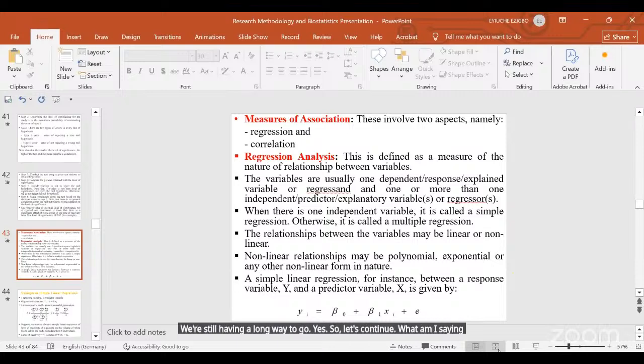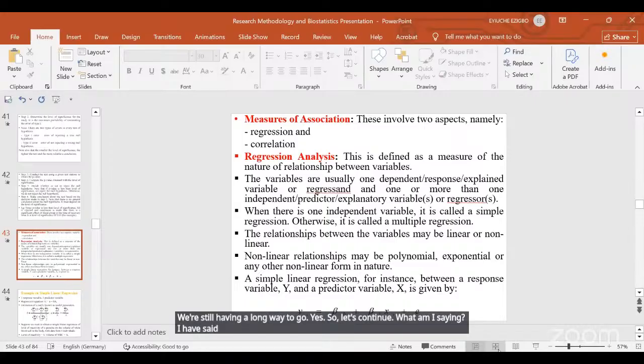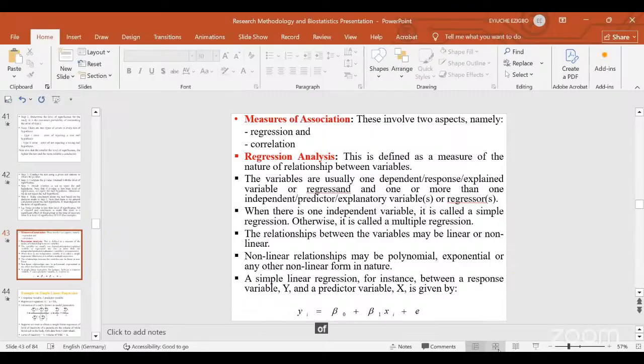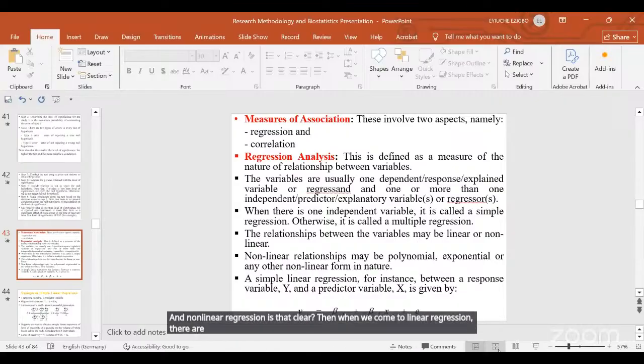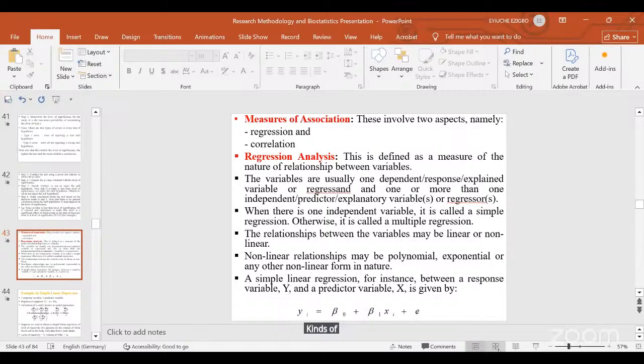I have said that there are two types of regression analysis: linear regression and non-linear regression. Is that clear? Then when we come to regression, there are two different kinds, not specific to linear or non-linear.